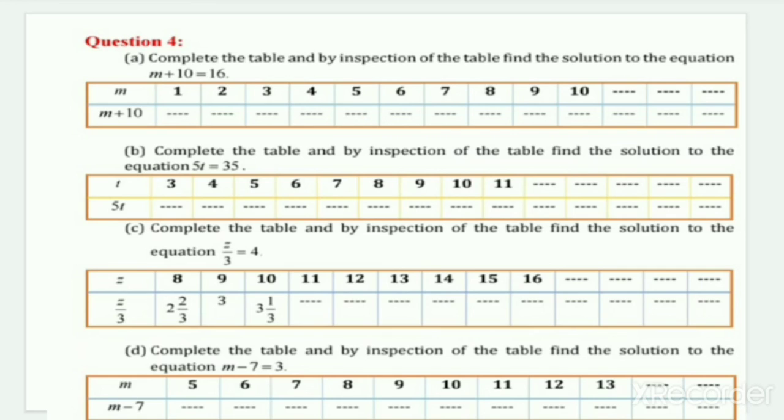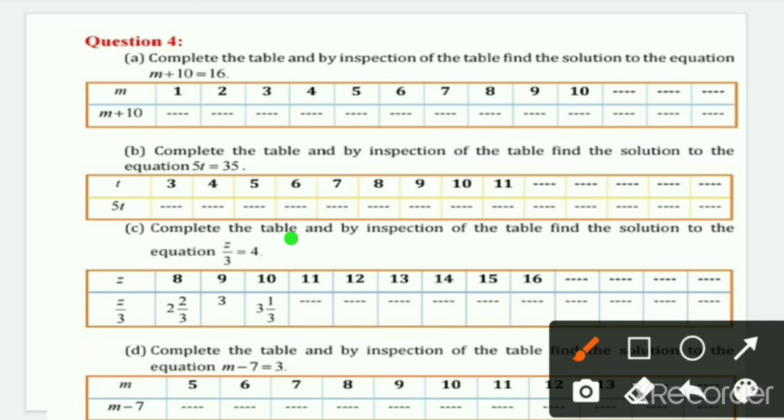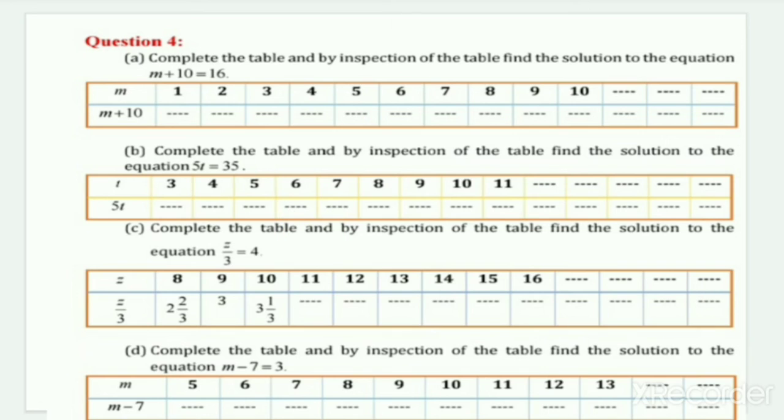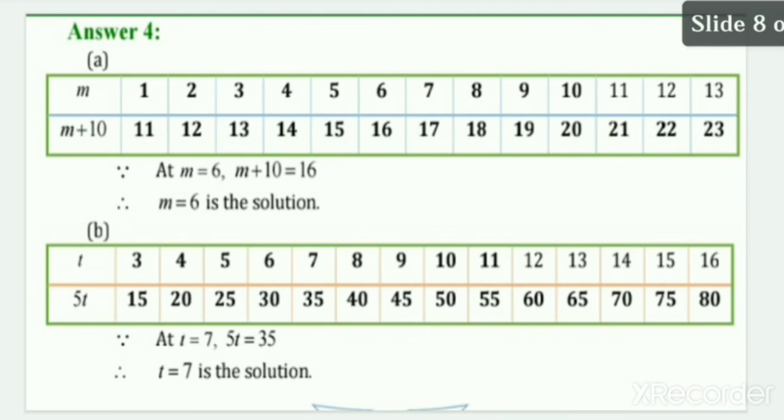Then we'll have 6, so 5 sixes are 30. Then 5 sevens are 35, right? So we have t equal to 7, 5t equal to 35, which solves it. So t equal to 7 is the solution for the given table, right?